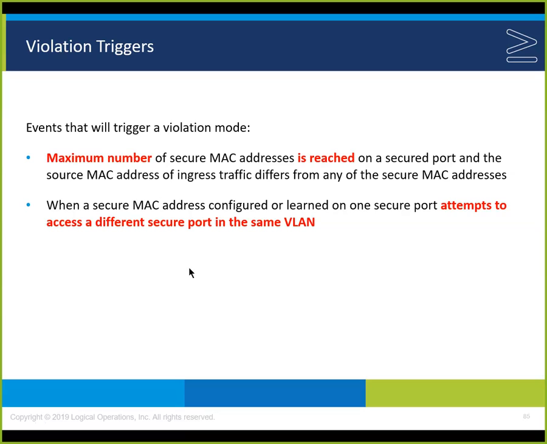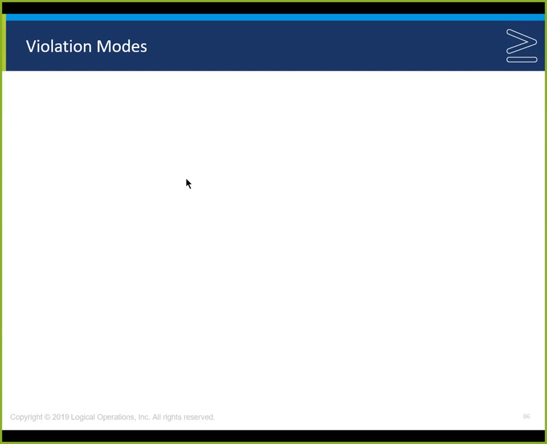When a secure MAC address is learned on one secure port and attempts to access a different secure port in the same VLAN, it's going to be a violation. It's called a MAC move violation. The switch will recognize that it's a valid address and will move the MAC address to the new port, but it is still considered a violation, called a MAC move violation.